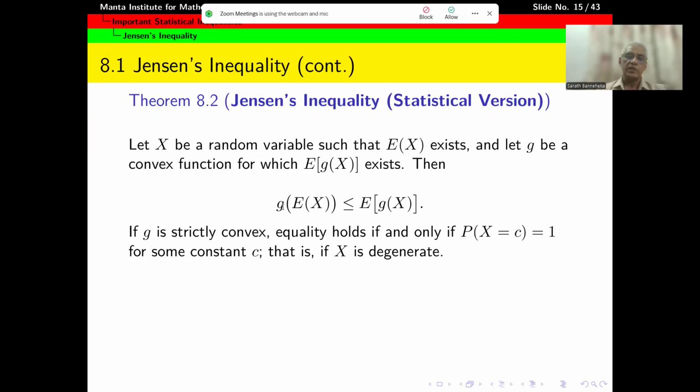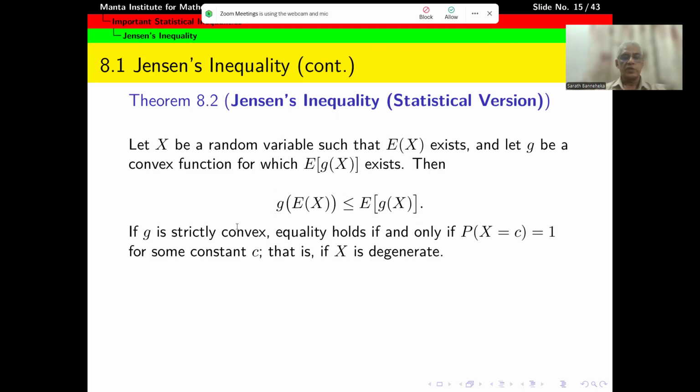So we are looking at G evaluated at a real number. On this side, G of x is a random variable, and we are considering the expected value of that random variable. So the expected value of a random variable is again a real number. So this side is a real number, this side is a real number. So this inequality always is meaningful.